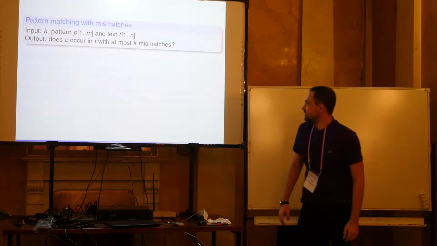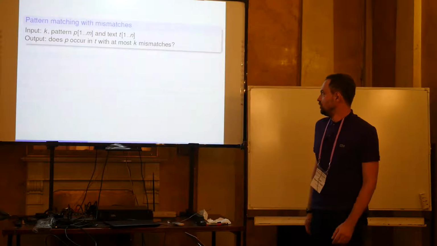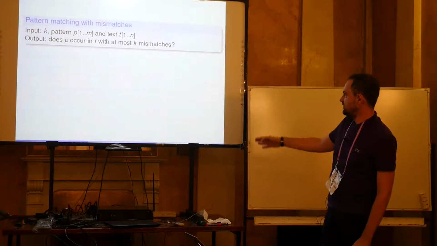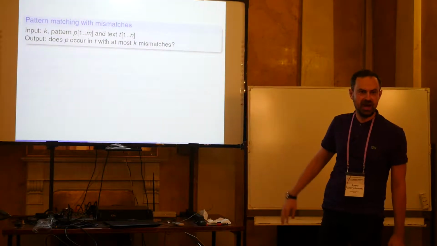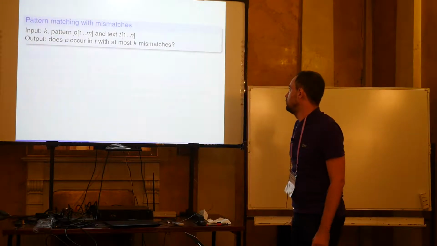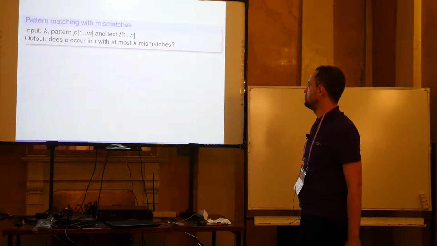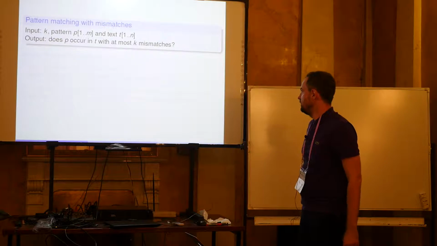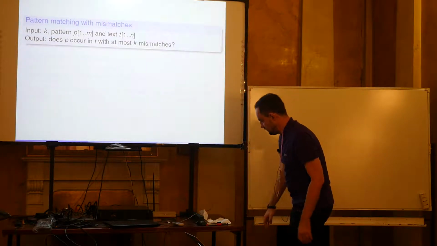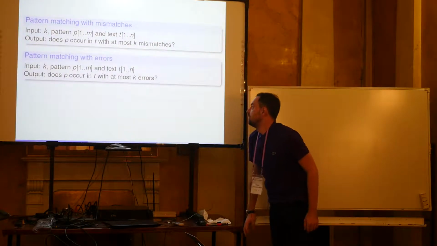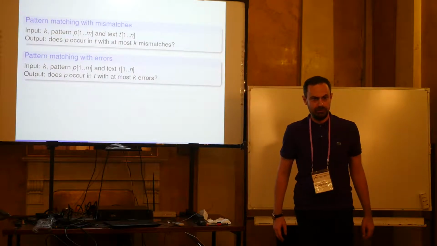Okay, so we have pattern matching with mismatches. Now the input is your pattern, your text, and this parameter k, which is how many mismatches you allow, and you would like to find the occurrences of the pattern in the text with at most k mismatches. And in the other version, this parameter k is the number of errors that you allow.